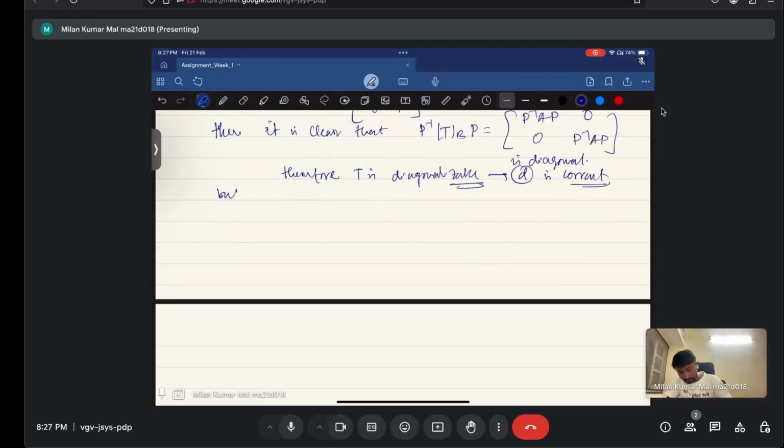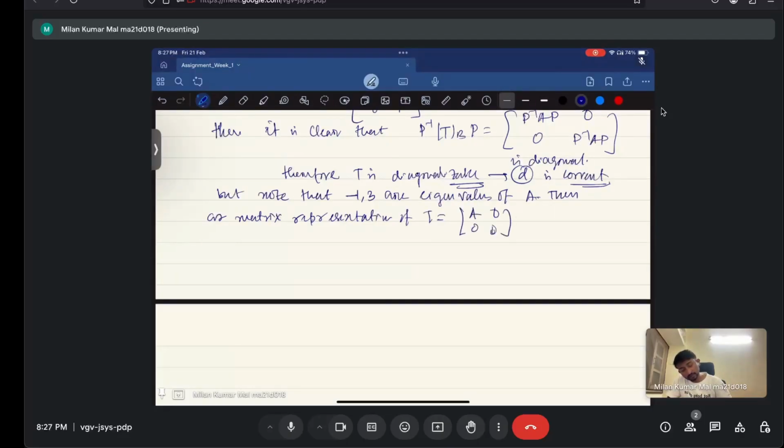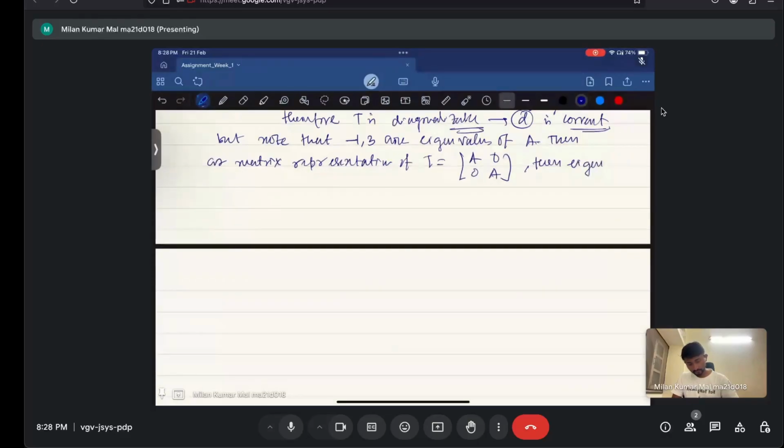But note that -1 and 3 are eigenvalues of A. Then as the matrix representation of T is something like A 0 0 A, where each of these 0 is also of order 2 by 2, the eigenvalues of T are -1 and 3 with repetition twice each, so that means each eigenvalue is repeating twice.